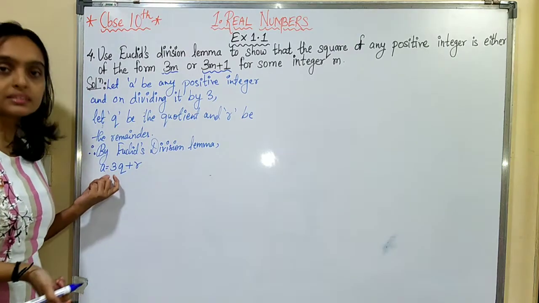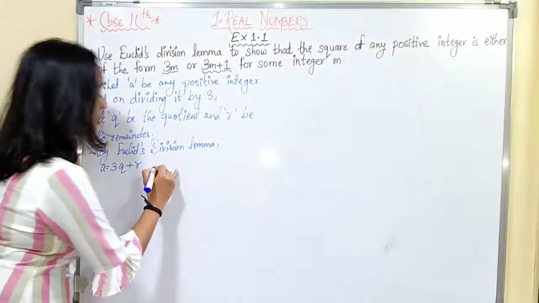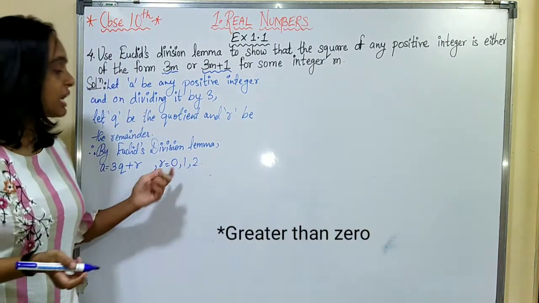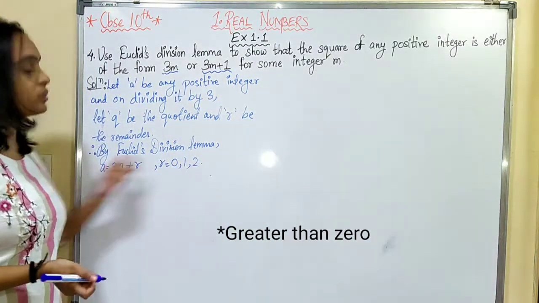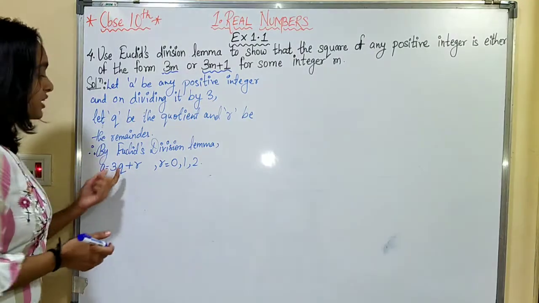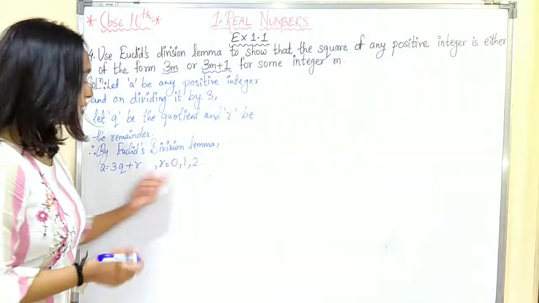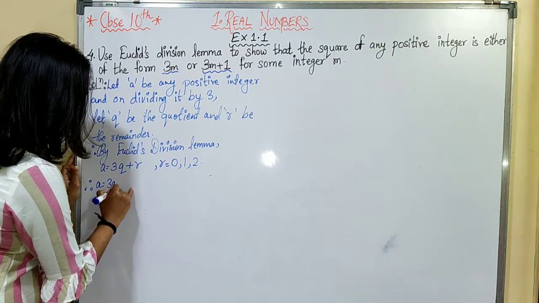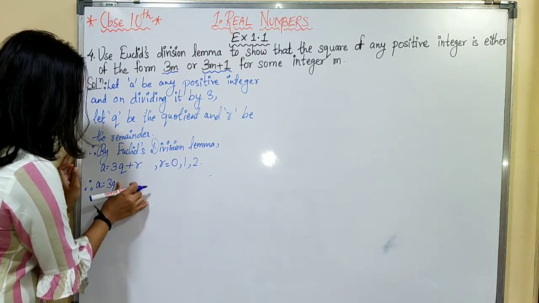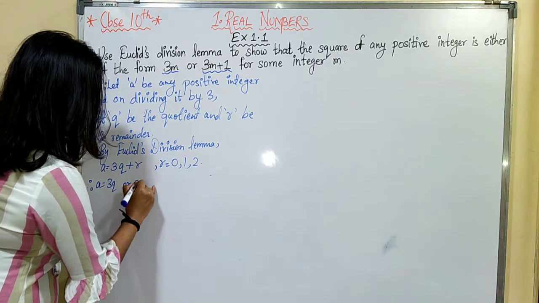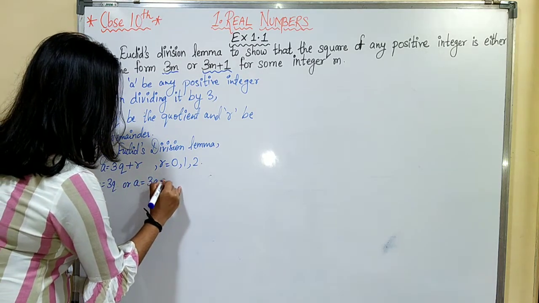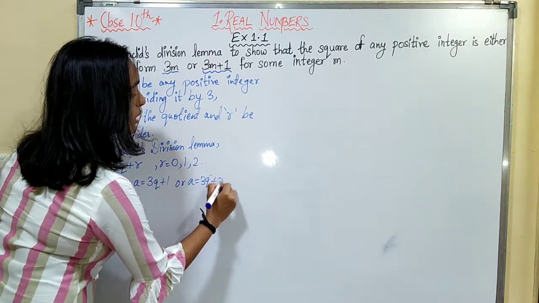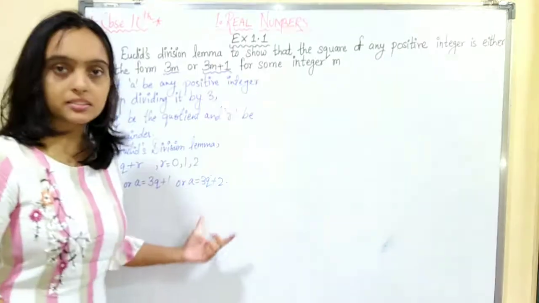Now 3 is the divisor, so the remainder will be 0, 1 and 2, that is, it will be greater than or equal to 0 and less than 3. Therefore, by substituting the values of r, we get a equals 3q plus 0, that is 3q, or a equals 3q plus 1, or a equals 3q plus 2. That is, you get 3 cases here.